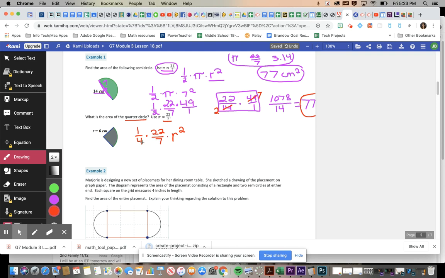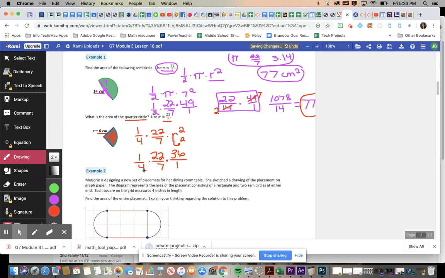That would give us our area. Times by 1/4 would just give us this 1/4 of the circle instead of the whole circle. So our radius in this case was 6 centimeters. 6 squared is 36. And I'll write that as a fraction, 36 over 1 times 22 over 7 times 1/4.